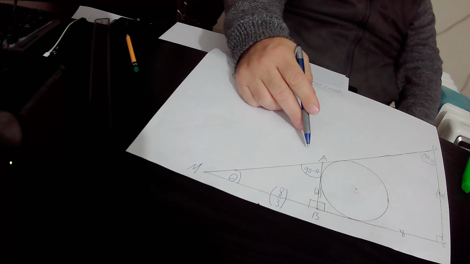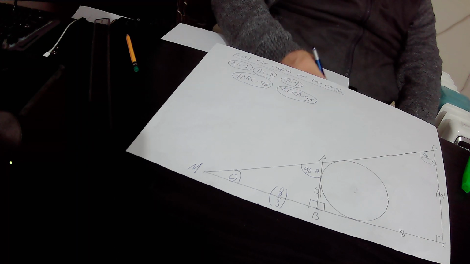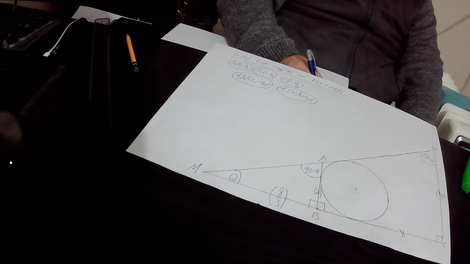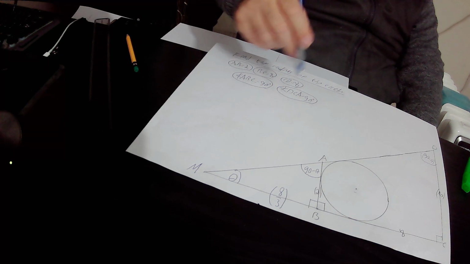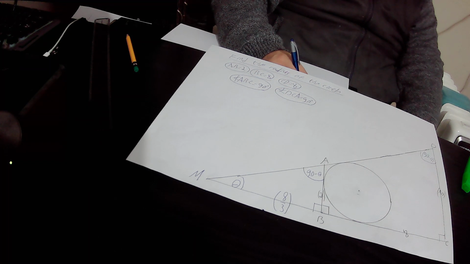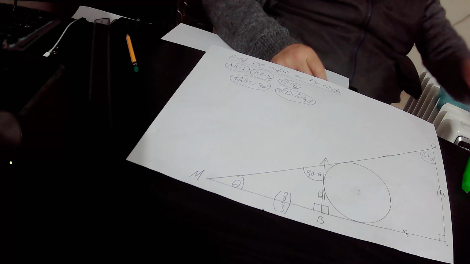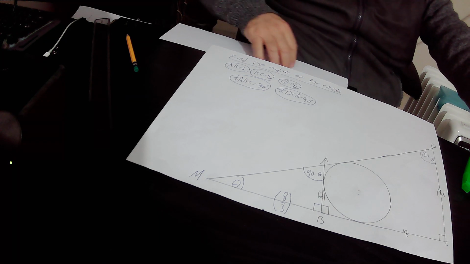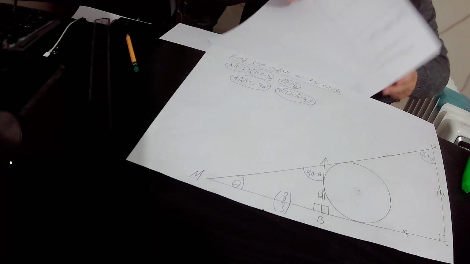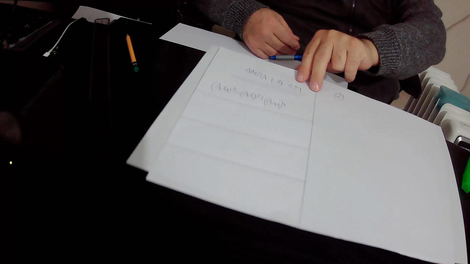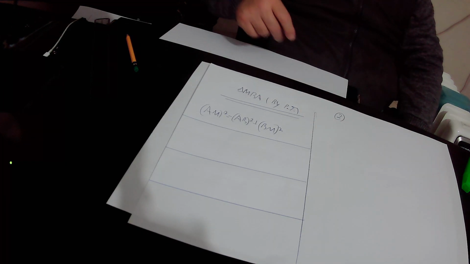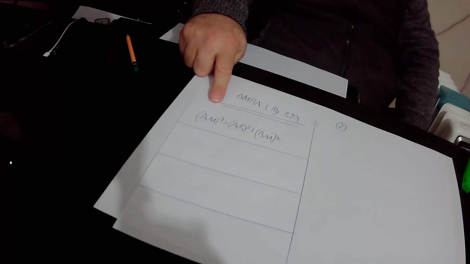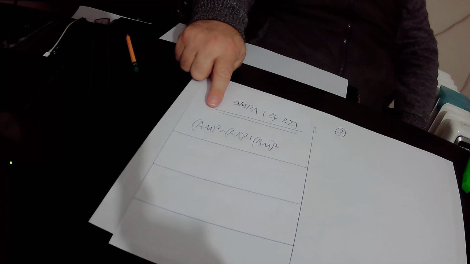The hypotenuse in the right triangle MBA is AM, so the square of the hypotenuse is AM squared, and it must be equal to AB squared plus BM squared.